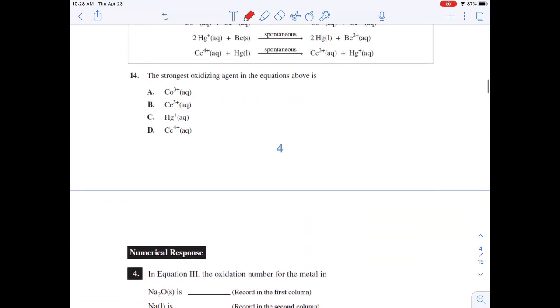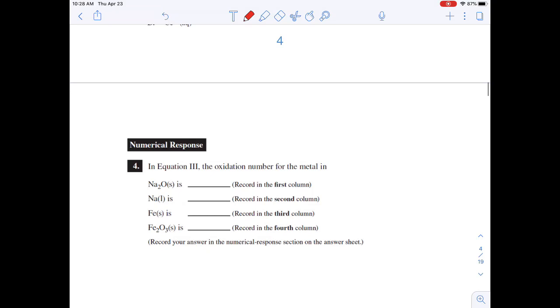Oh, sorry. Here, it said that there wasn't a reaction for it, I think, but it doesn't matter what the reaction is. They're asking in this question what the oxidation numbers for the metal in each of these are. So my sodium ion is like this, so it's going to be +1.